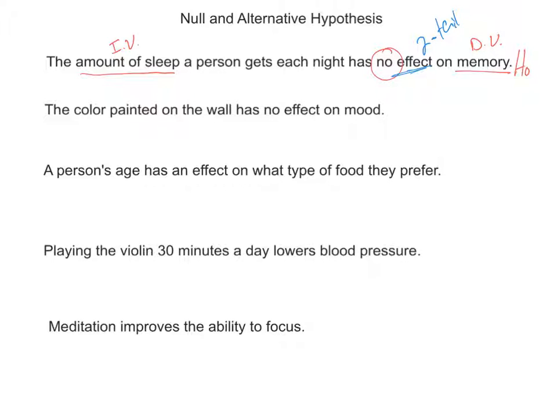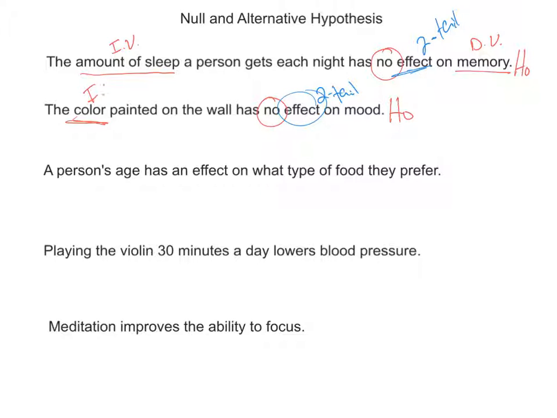Okay. The color painted on the wall has no effect on mood. So again, we have this negative statement here, this nullifying statement. So this would be a null hypothesis again, and it would be a two-tail, because again we have this effect here. The independent variable would be the color painted on the wall, right?